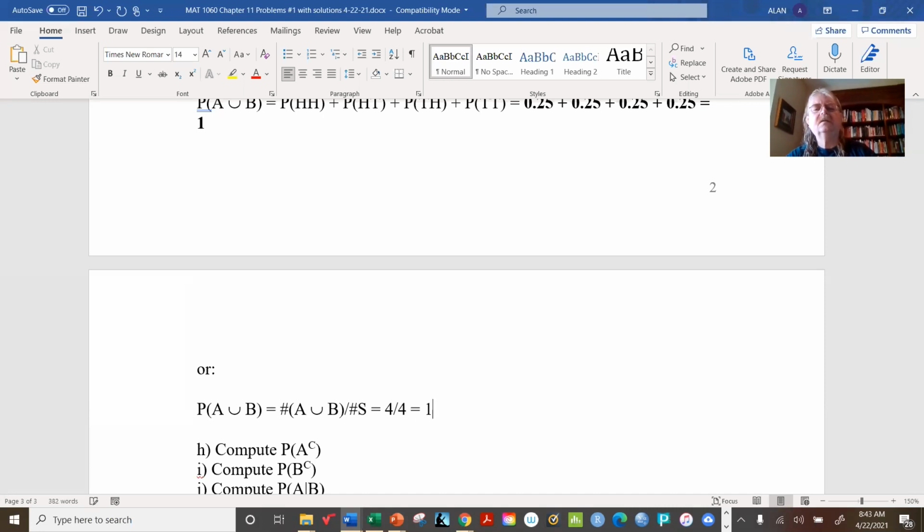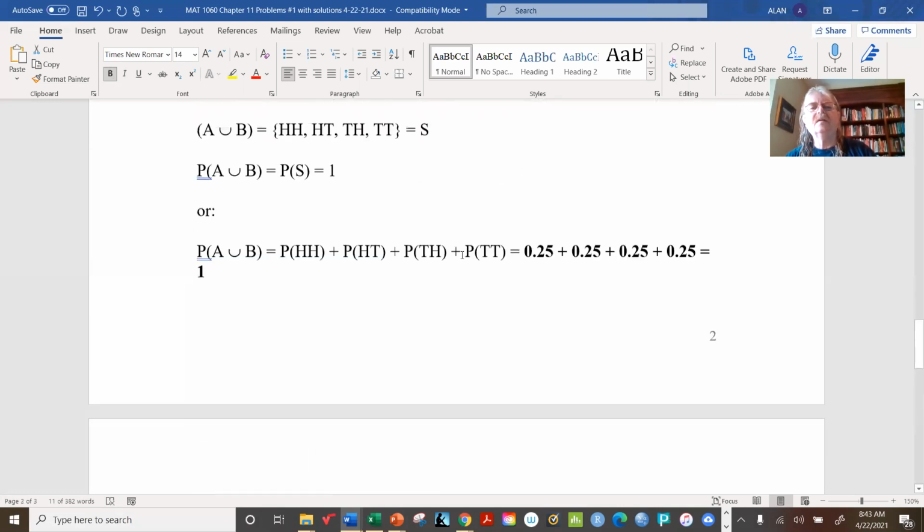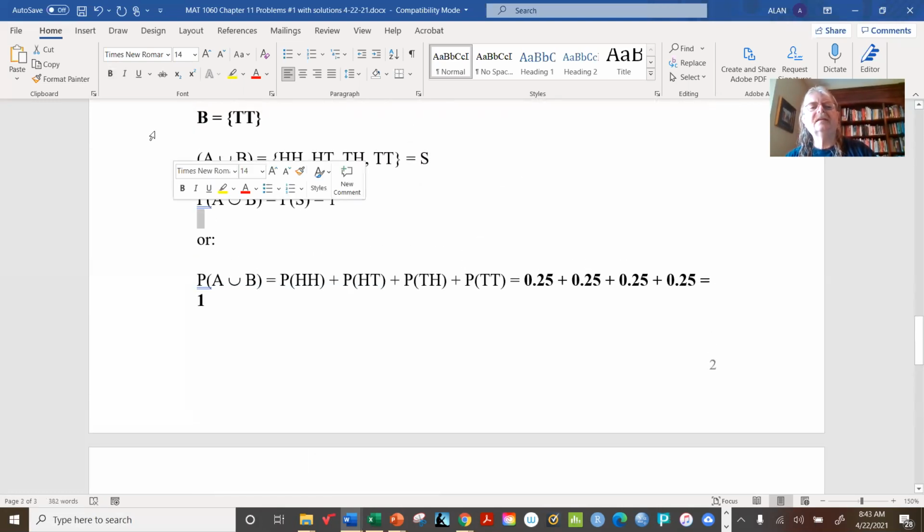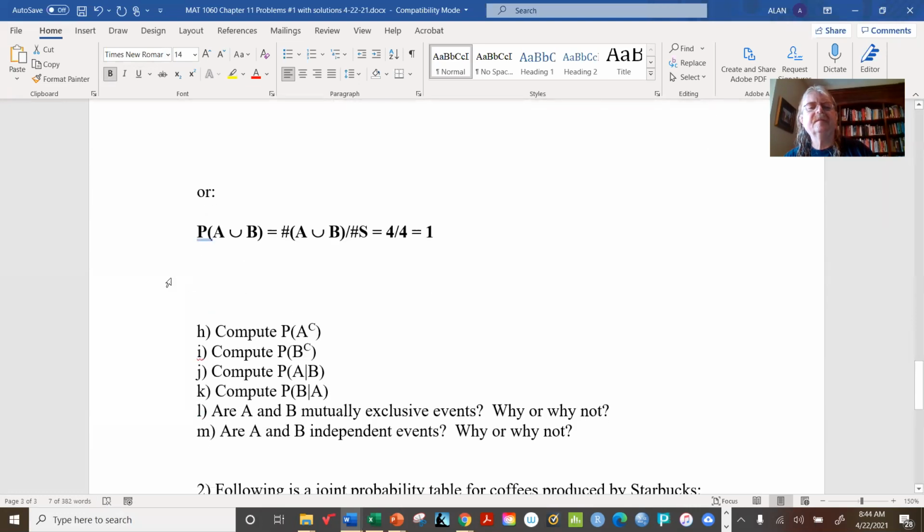Four over 4 is 1. Okay, so any way you go through this, you're going to get a probability of 1. But you have 3 options. You can do whichever one you think makes the most sense.